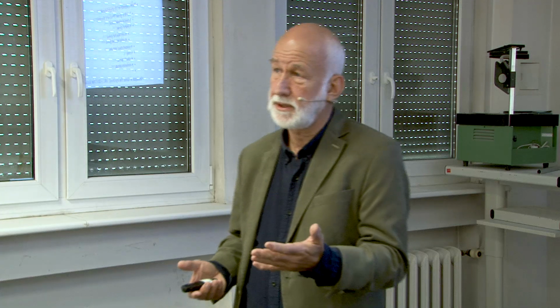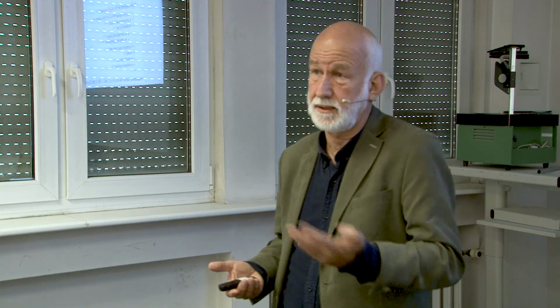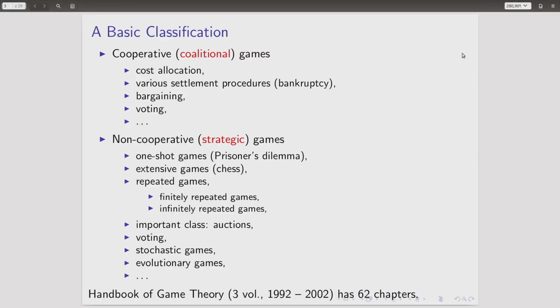And these slots are offered on the basis of some interaction between the provider and the user. And this interaction, the best way to settle it is by offering a specific auction. And it's a very huge topic. Okay, so voting also can be viewed as a non-cooperative game, but there are many other categories.